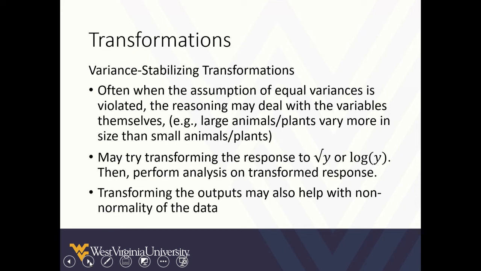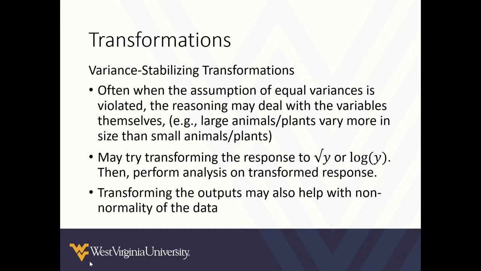So transformations, as I mentioned, sometimes we do these variance stabilizing transformations, and often it's when the assumption of equal variance is violated. And sometimes the reasoning is that there's kind of a, quote, issue with the variables themselves, unquote.